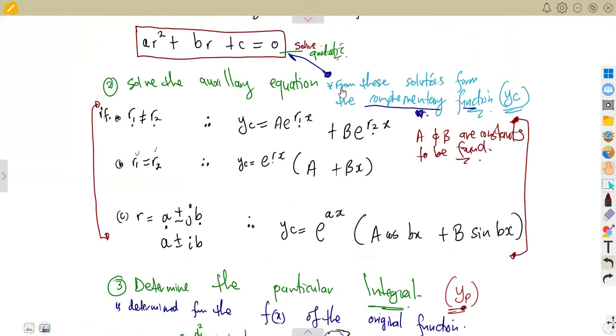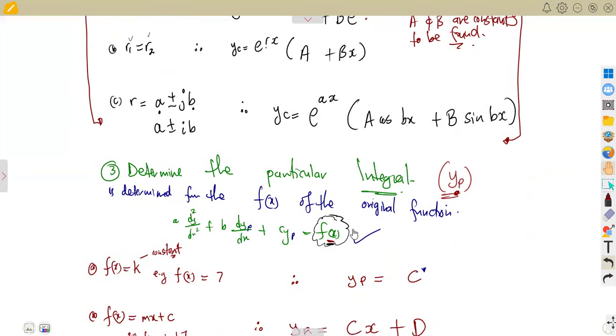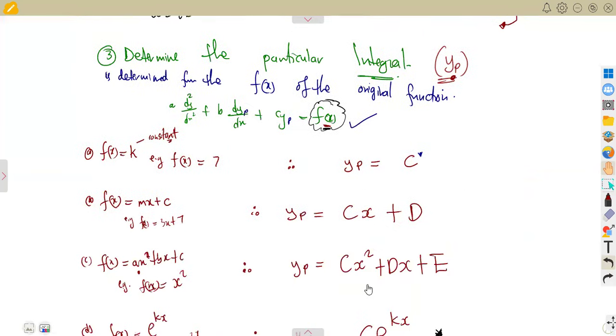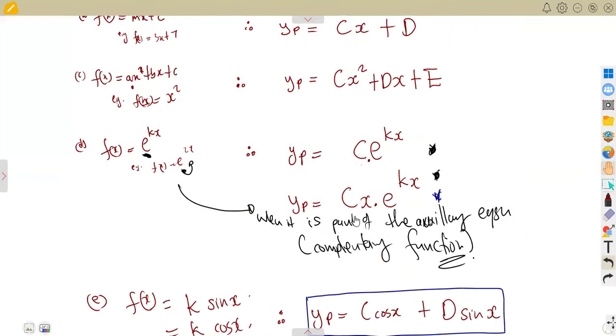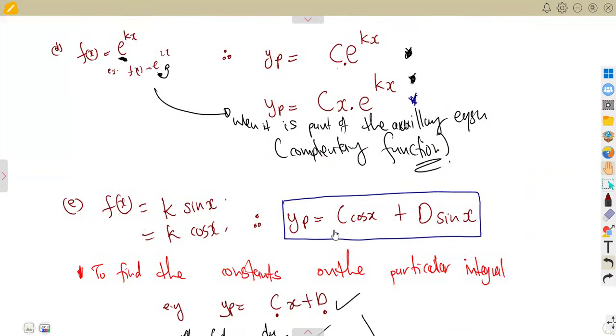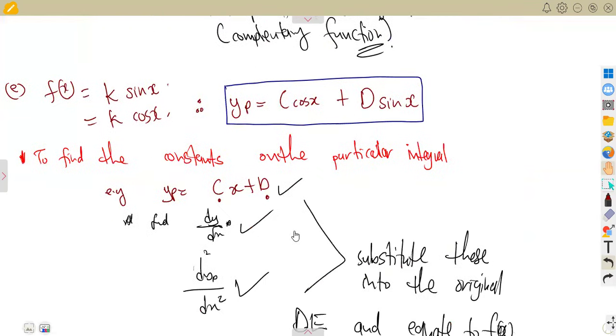Not C, not D, not E. Those ones, you are supposed to determine them. Whether the question needs you to find the general solution or the particular solution, the constants of the particular integral should be given. And this is how you find them. From that y of the particular integral, you find the first derivative, you find the second derivative, substitute into the original equation.